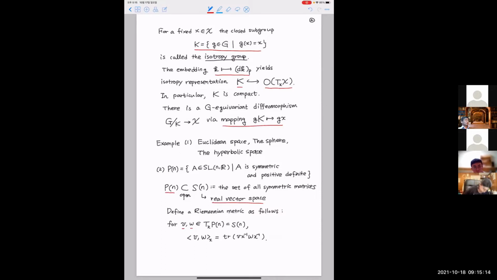Then you can define the metric as the trace of V X inverse W X inverse. Then we will see that this metric turns P_n into a symmetric space.